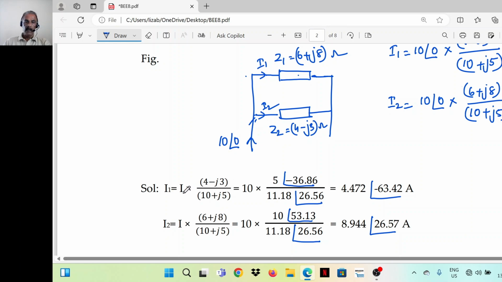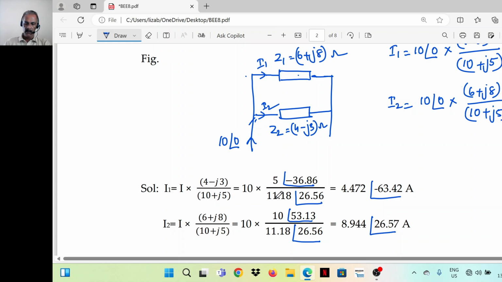So current through Z1 is equal to I into 4 minus J3 divided by 10 plus J5, that is 10 into 4 minus J3. When converted to polar coordinates, that is 5 angle minus 36.86. 10 plus J5 is 11.18 angle 26.56.